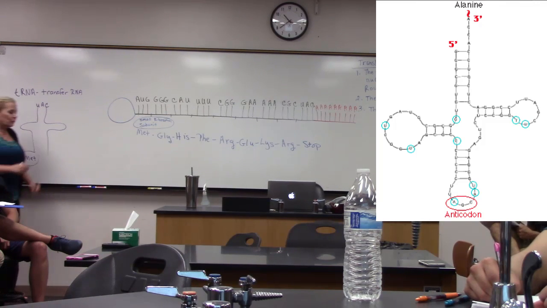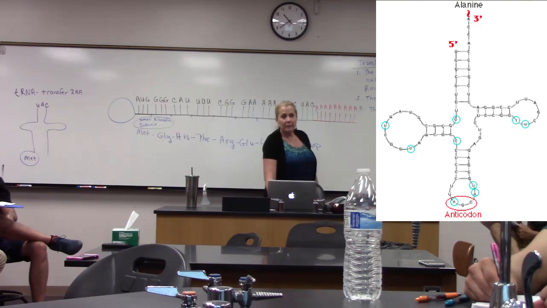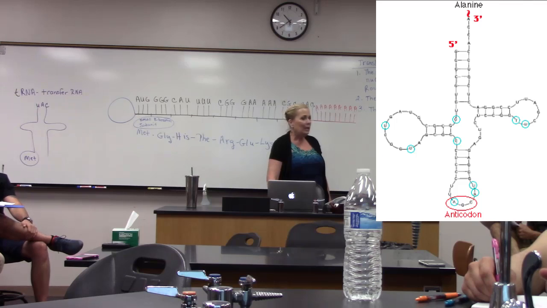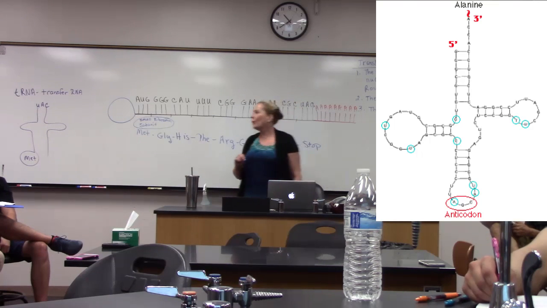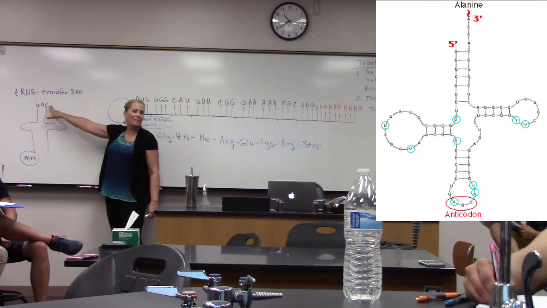So if you look at the other transfer RNA, it's carrying alanine, and its 3 bases down here are A, G, C. So anytime a transfer RNA has the 3 bases A, G, C, it will always be carrying alanine. So each transfer RNA has a different codon type of thing up here where you have the 3 bases together.